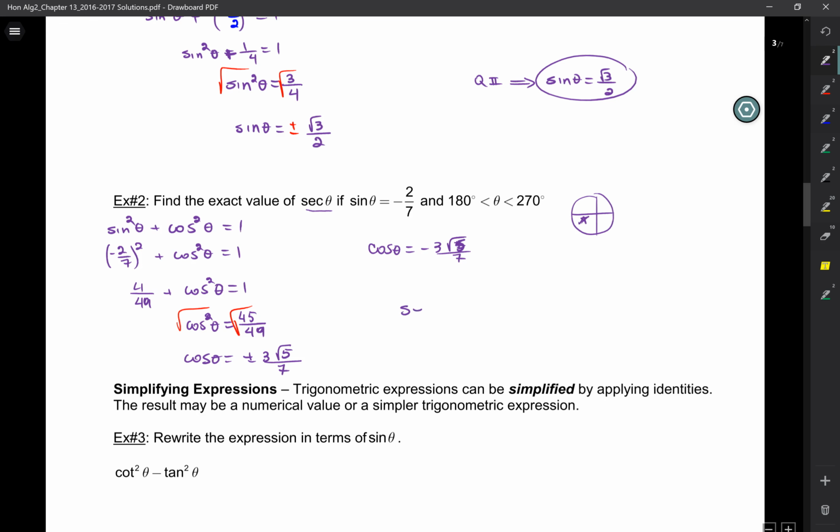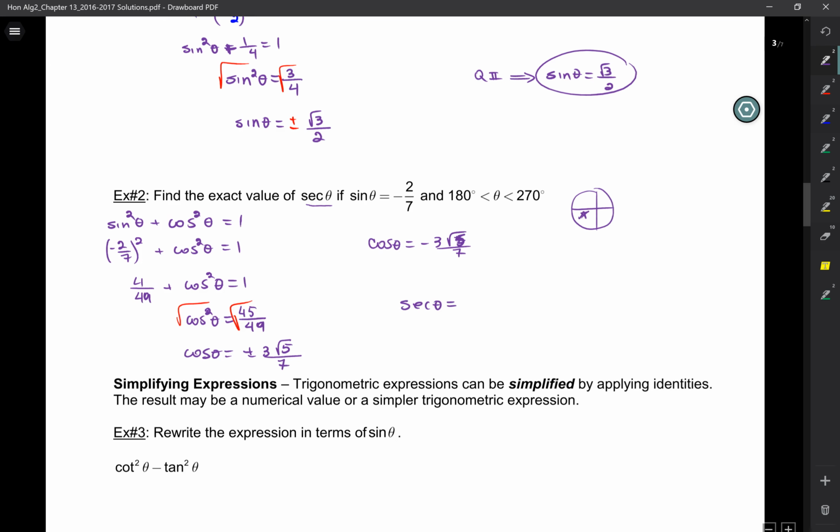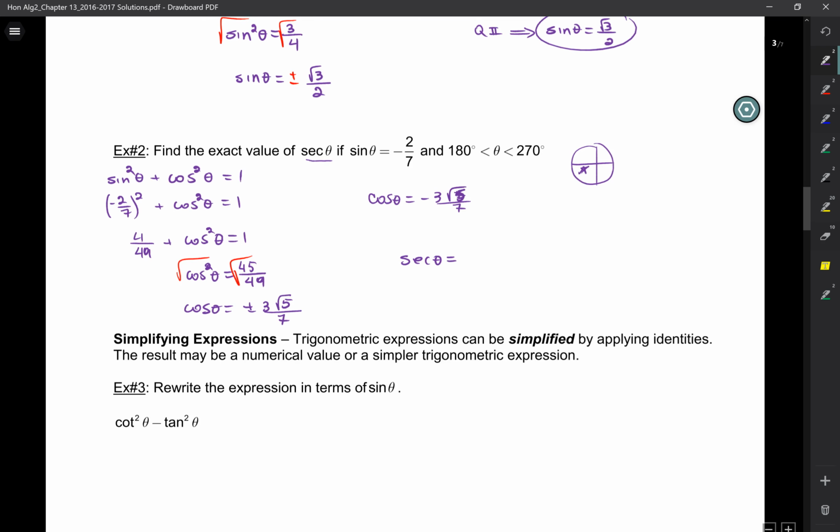So what's secant of theta then? We say that secant of theta is 1 over cosine of theta.